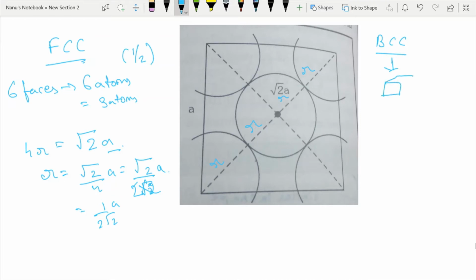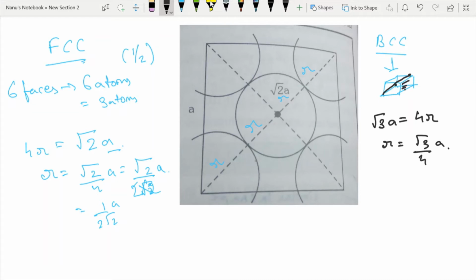For FCC we have one of these faces, but in the body diagonal it runs throughout the cube, from here to here. So this whole body diagonal is not root 2 A, but root 3 A, and it will similarly be 4R. So over here we can say that R is equal to root 3 by 4 A.